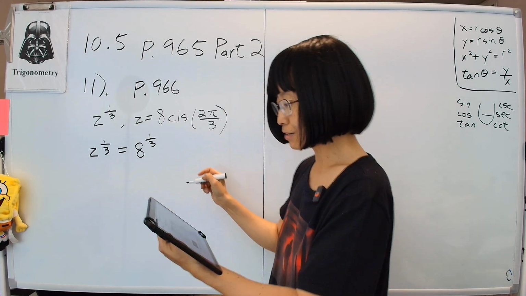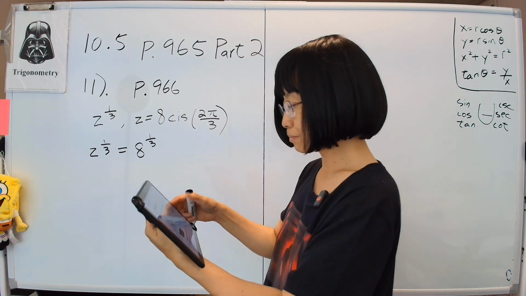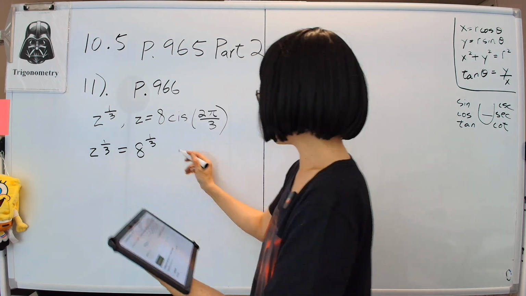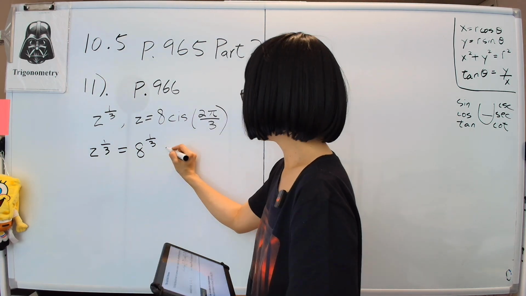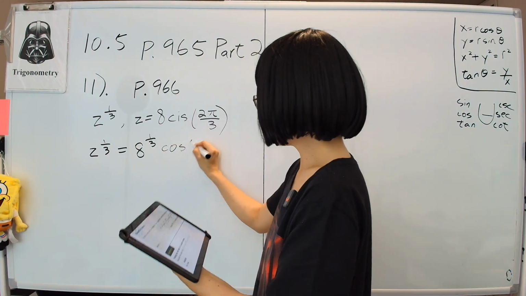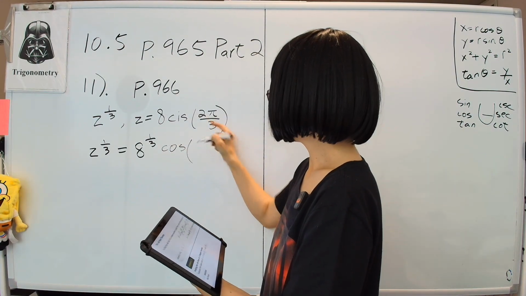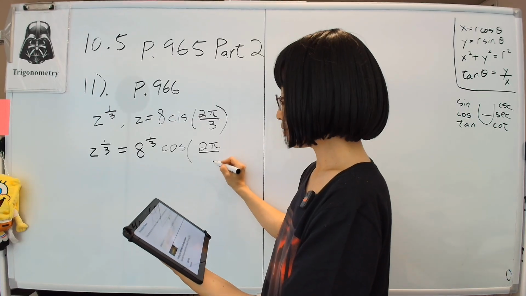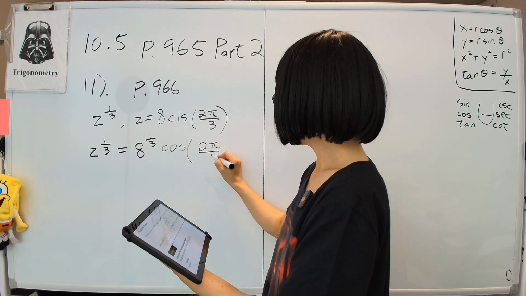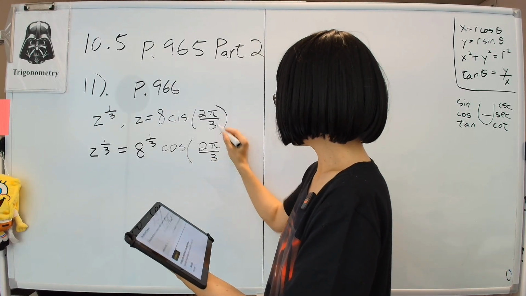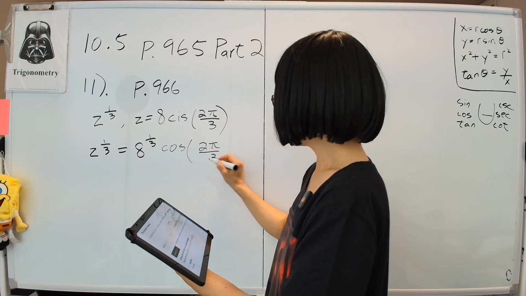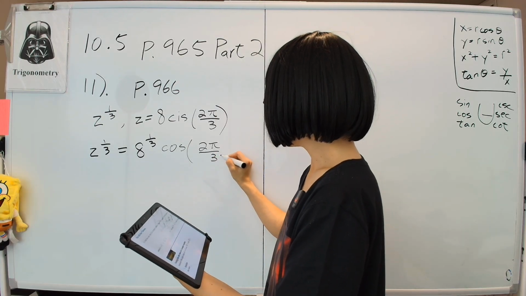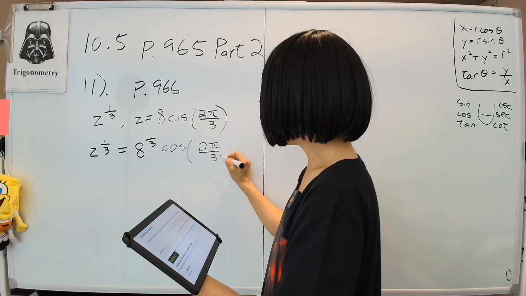And then what about the rest of the stuff? I should have probably written it out. I will do that right now. Following the formula, it will be equal to cosine of theta. That's 2 pi over 3, which is the original angle, and then we have divided by n. I'll write the n right here.